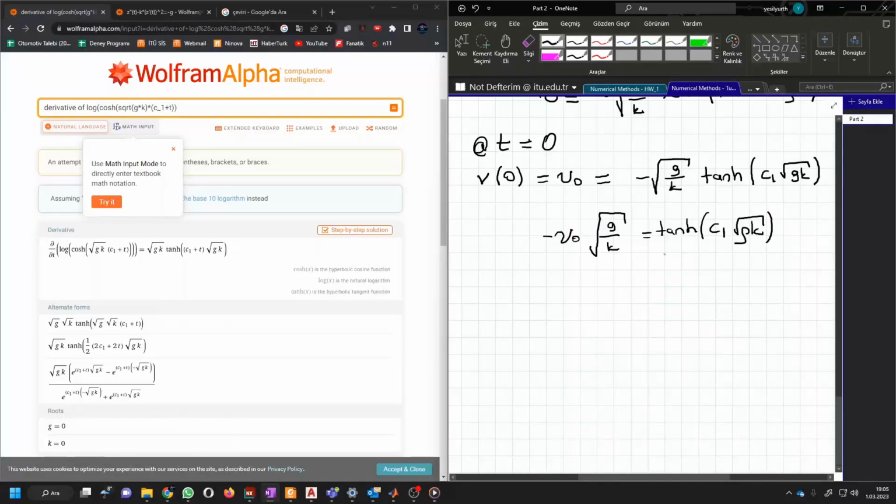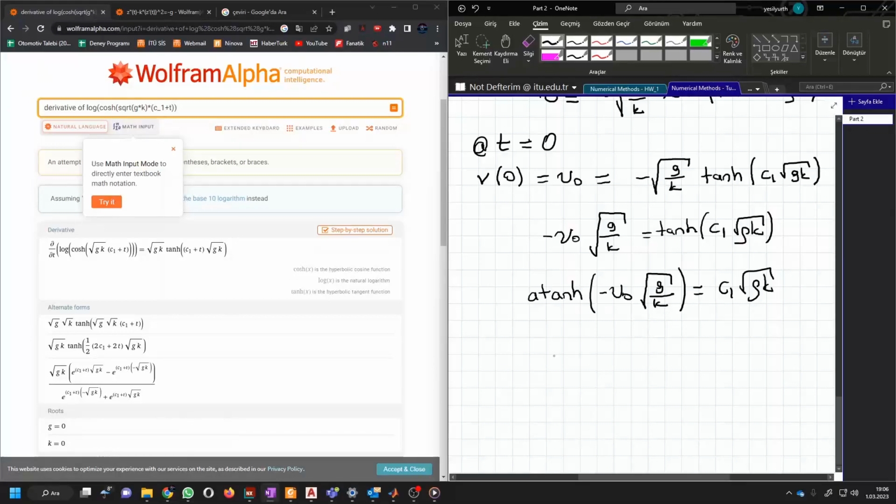If I take arctangent hyperbolic of the two sides, then arctangent hyperbolic of minus v0 times square root of g over k will be equal to C1 times square root of g times k.